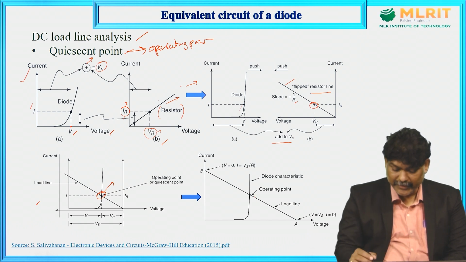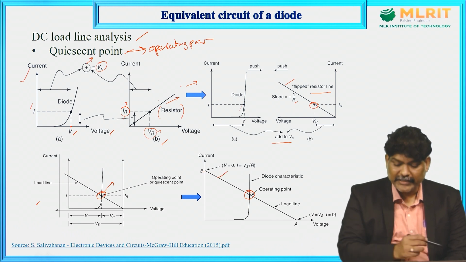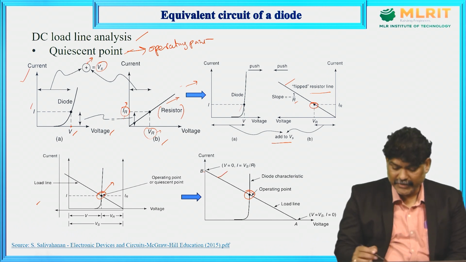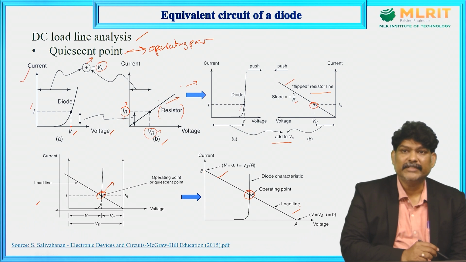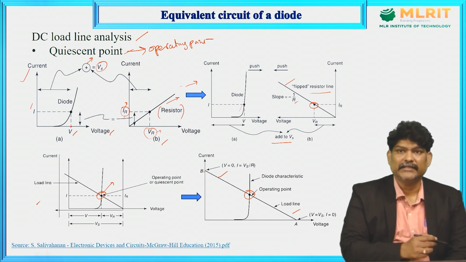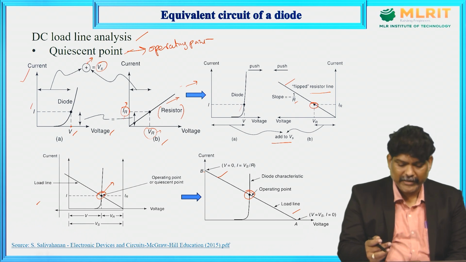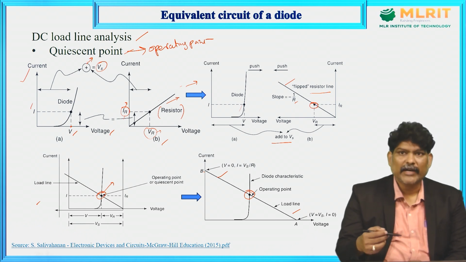You can also observe the diode characteristics and operating point here. This is the DC load line, which represents the operating point or the minimum voltage required for a diode to conduct.